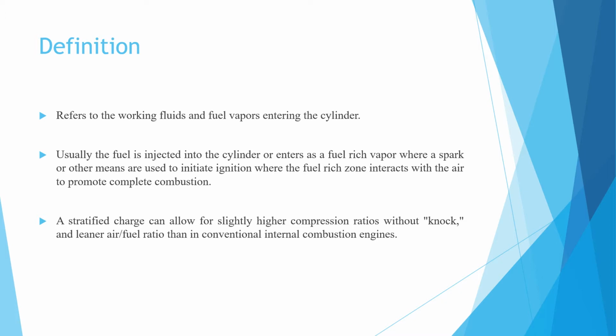Basically, there are two types of IC engine. One is gasoline and another is diesel, which are well established. However, each one of them has its own limitation. Gasoline engines have very good full load power characteristics, but have a rather poor part load efficiency.